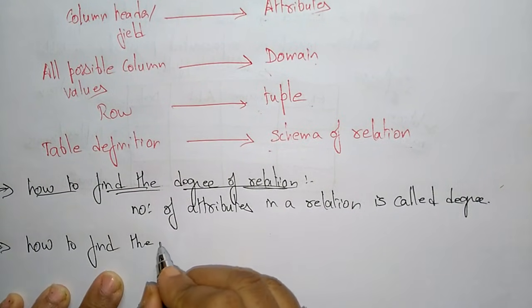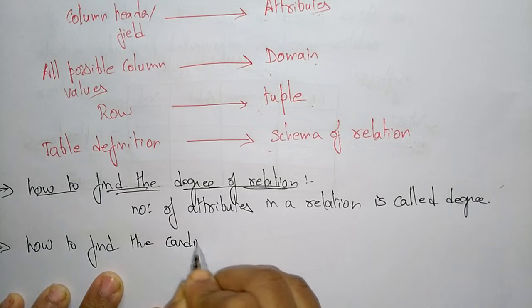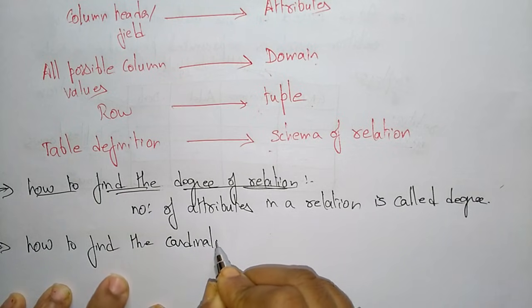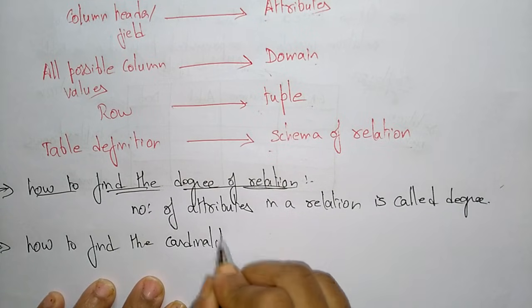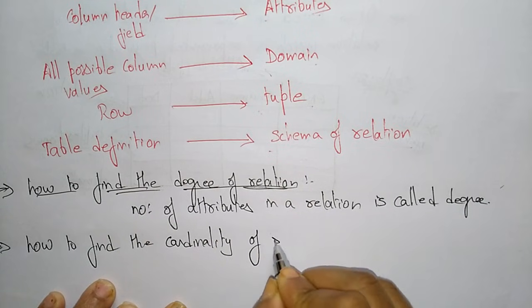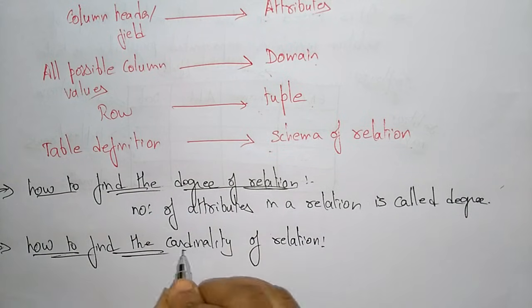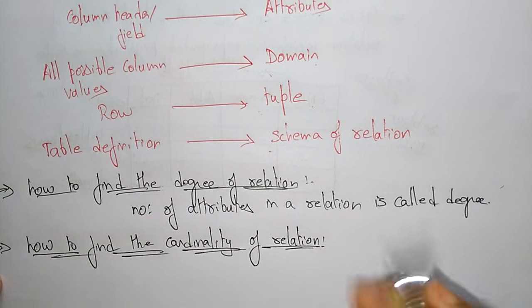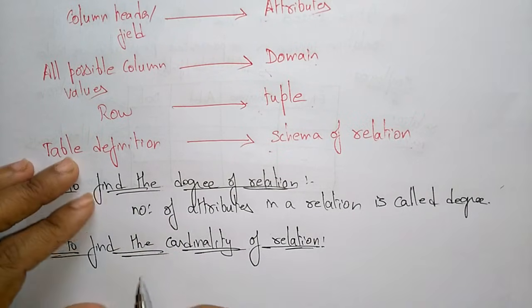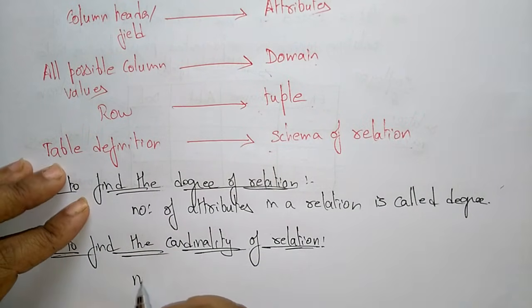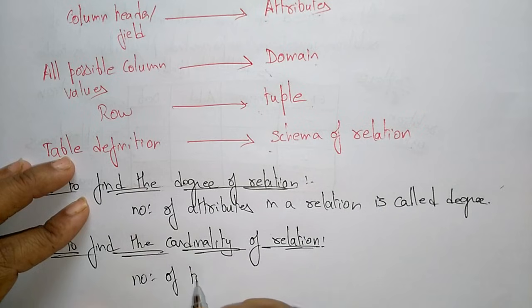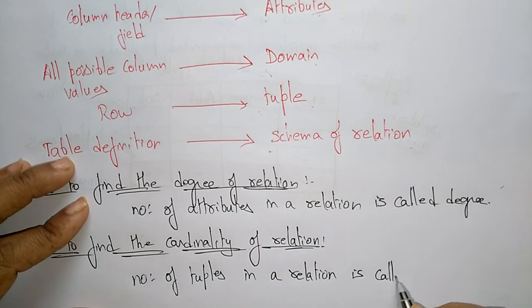How to find the cardinality of relation? Here the degree is based upon the number of attributes, whereas cardinality is the number of tuples. The number of tuples contained in a relation is called cardinality.